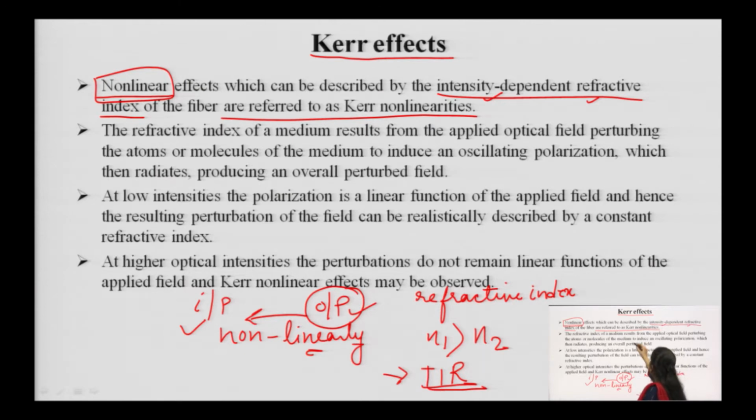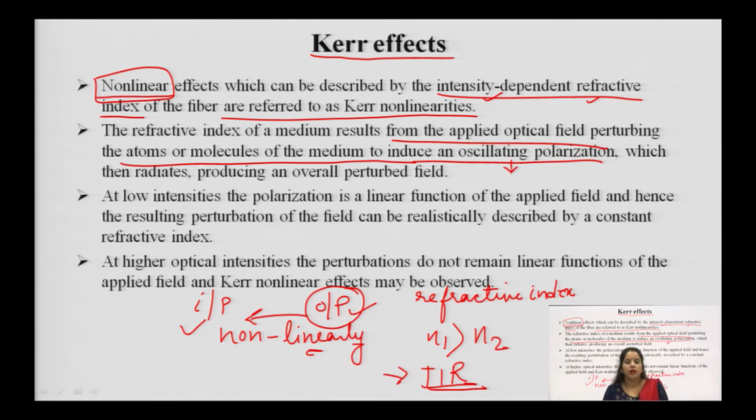The refractive index of the medium results from the applied optical field perturbing the atoms or molecules of the medium to induce an oscillating polarization. Polarization basically means providing direction to the light rays. If we say a certain light ray is polarized, that means we have provided a particular direction so that it moves in that direction only and is not distracted, which then radiates, producing an overall perturbed field.